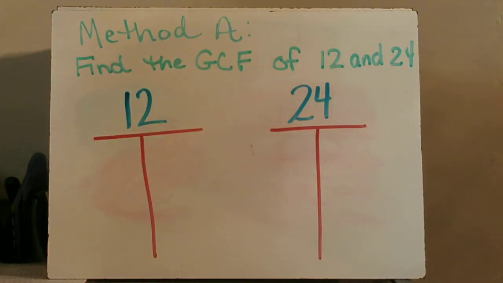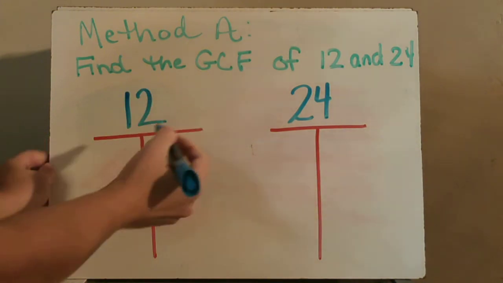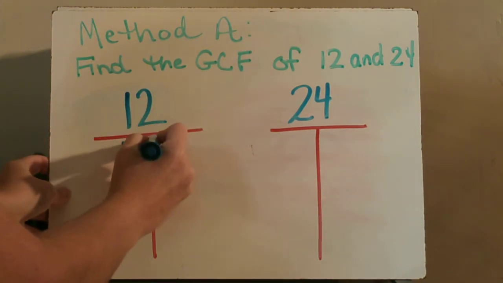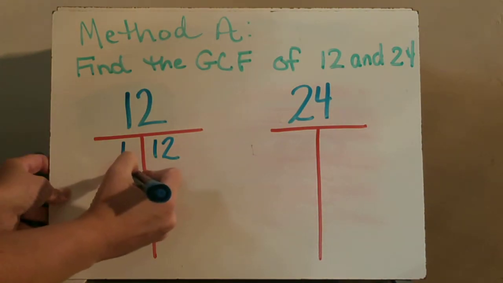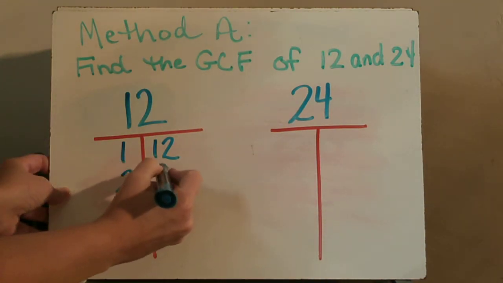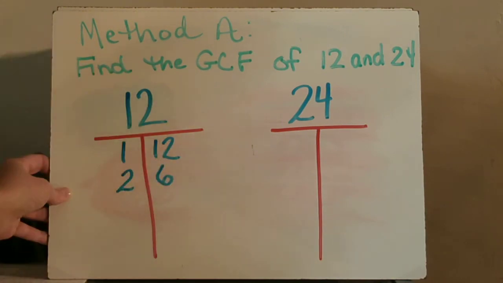So method A says that we have to list all of the factors. Okay? So I'm going to list all of the factors of 12. Well, I know that 1 times 12 is 12, so 1 and 12 are factors of 12. I also know that 2 times 6 is 12.